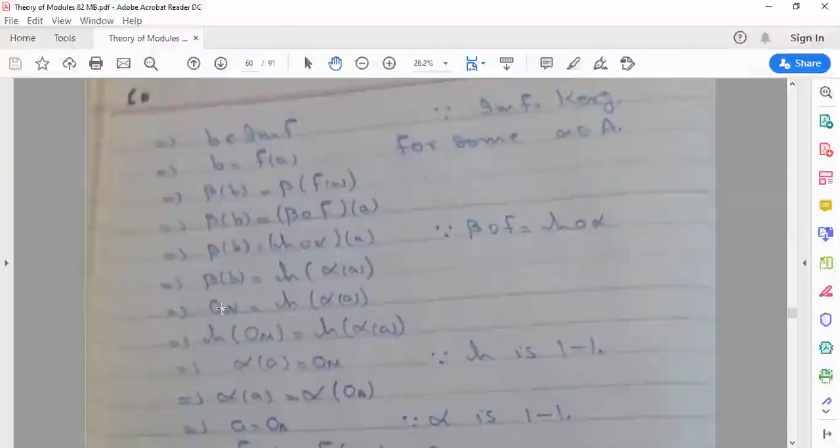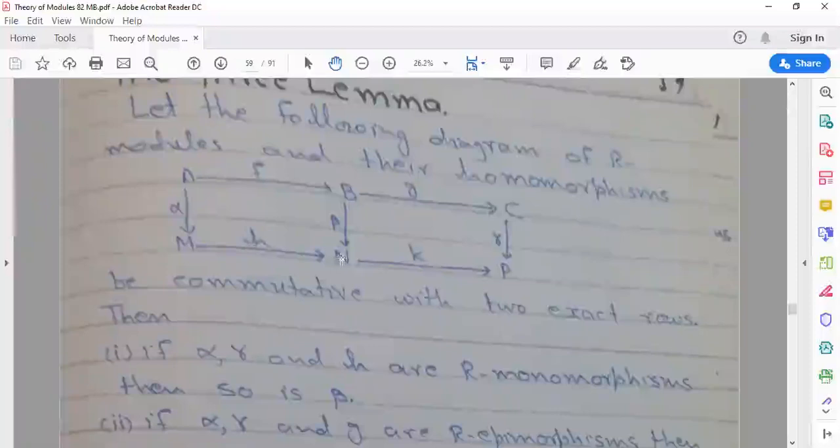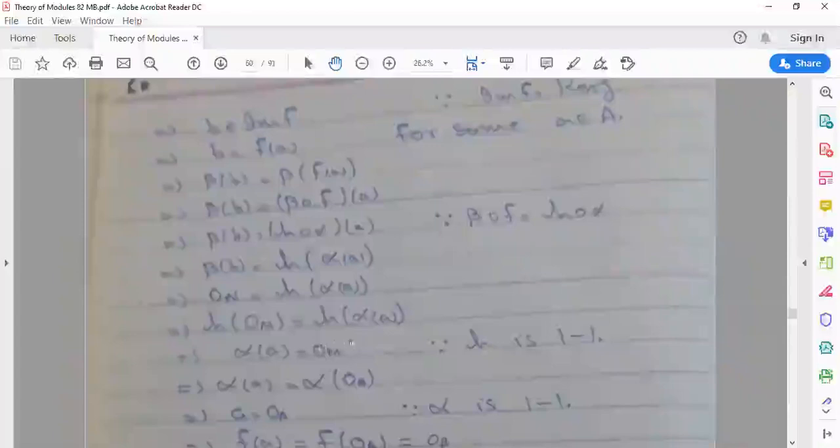The result will be the identity 0 in N. So 0 is equal to h of alpha of a. We are taking those elements to h; the result will be in N, because h is defined from M to N. See the diagram, h is defined from M to N. So we take 0 from here and assign it to the function; the result will be 0 in N. After this, alpha of a is equal to 0, because h is 1-1.